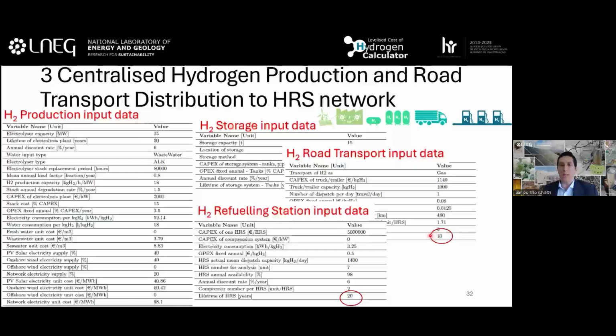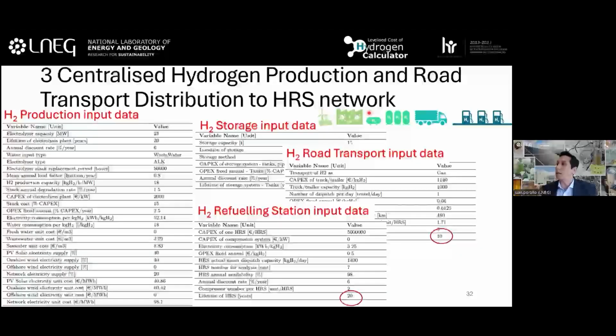And this is taken into consideration in the tool, because when this lifetime ends, we still need 10 years ahead to distribute this hydrogen. That means we need to buy more trailers, more trucks, right? And this additional capital, inputted at the end of this life, is taken into account in the tool.